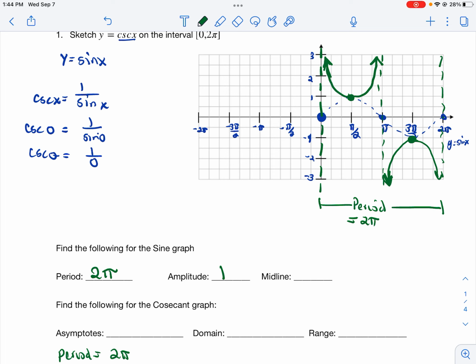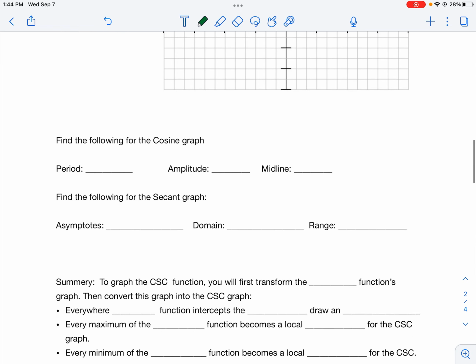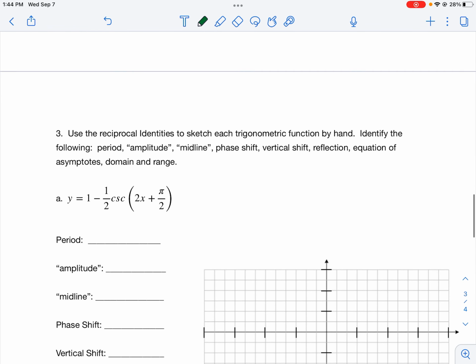So when I have you list these, you'll see that I will put it in parentheses, in quotations. The reason I'm putting it in quotation marks is you're actually finding the amplitude of your sine graph or your cosine graph, depending on which trig function it is.